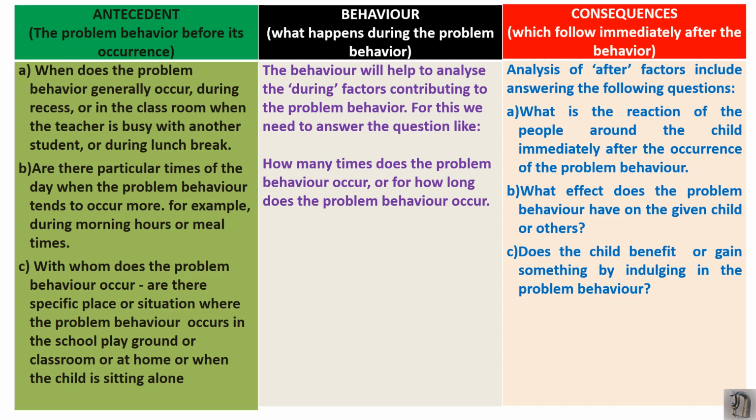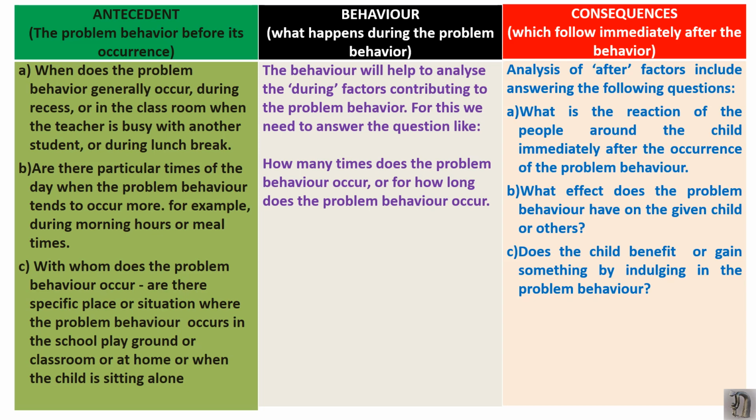Now when he is tapping a hand, you need to find out how long, what is the intensity, what is the severity, what is the duration. I have already explained in the guidelines how to identify the problem behavior. So intensity, frequency, duration, you need to find out.